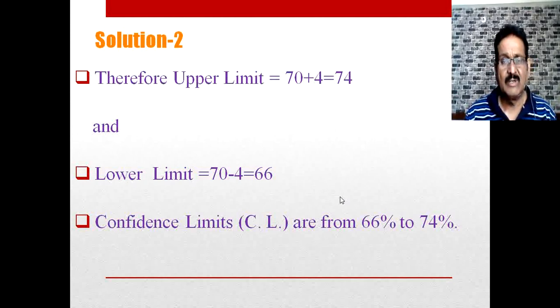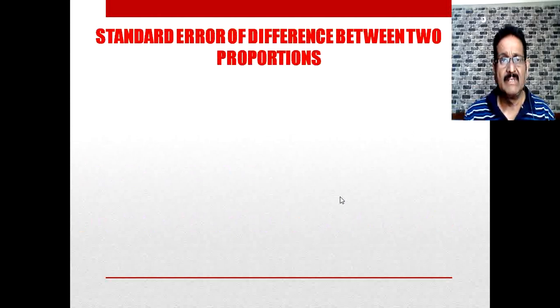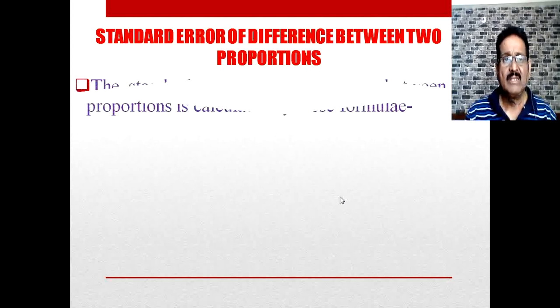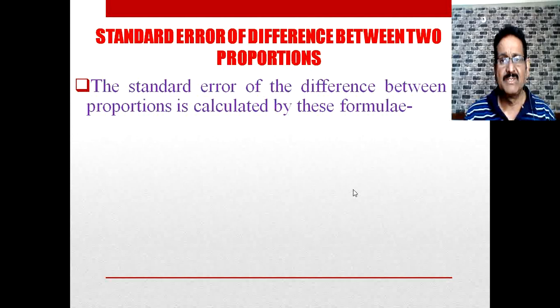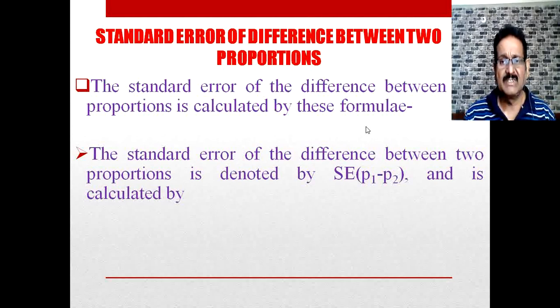I think now you are comfortable solving the standard error of proportion. Now we come to the next topic, the standard error of difference between two proportions, the same as we did for means. It is calculated by this formula, because sometimes the population proportion is not provided.